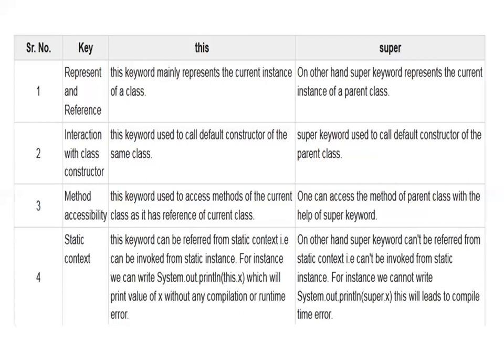For instance, we can write System.out.println(this.x), which will print the value of x without compile or runtime error. So this is always for use within the class. It might be a variable call, a constructor call, or a method call. Got it, or any confusion?